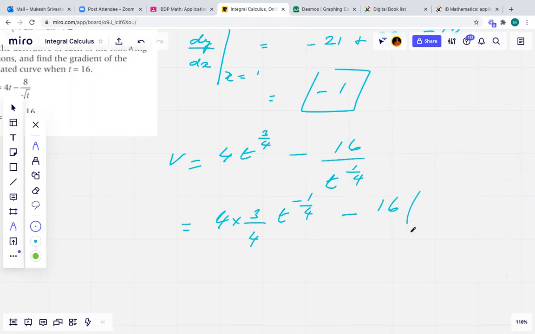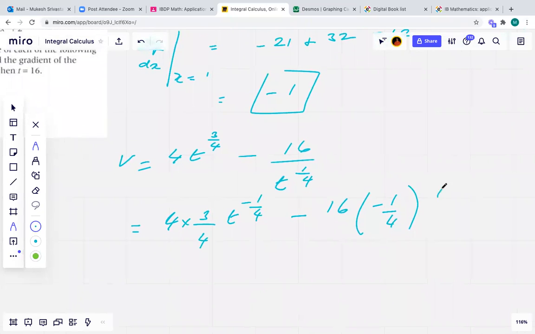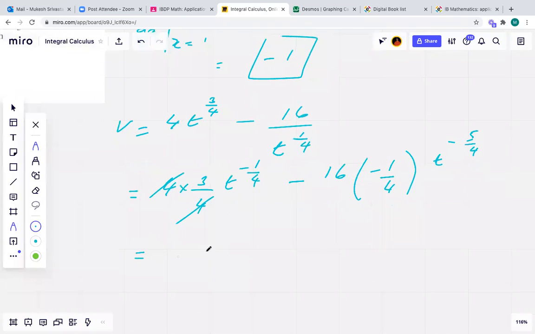16 divided by 4, that is 16. So minus plus minus plus, and 4 gets squared.